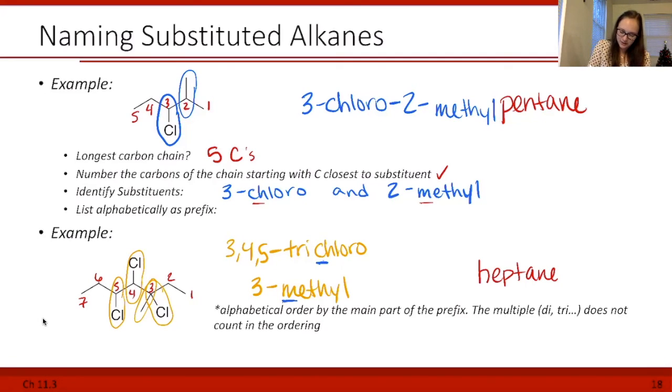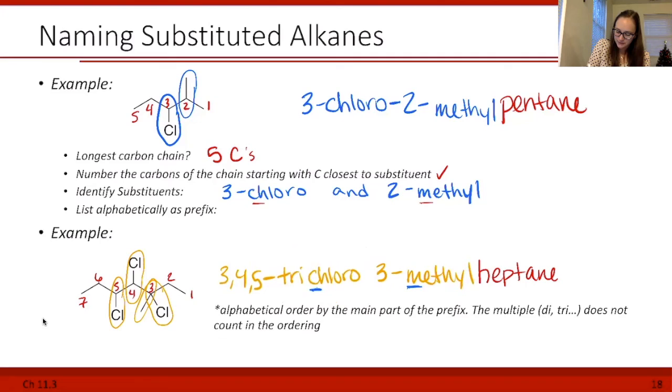So how I'm going to cheat is instead of rewriting this, I am going to just move this over because chloro comes first. So we will have 3, 4, 5 trichloro 3-methyl heptane as our final answer. This is where we're going to stop, and I hope you guys have a chance to go to the next couple slides and practice this, and we'll work on this together some more.